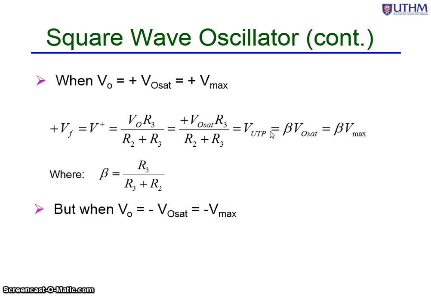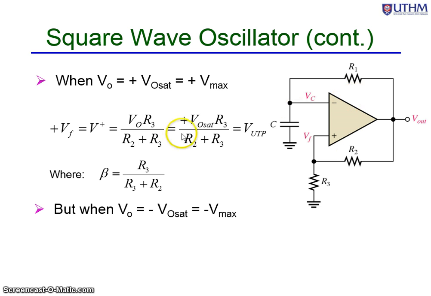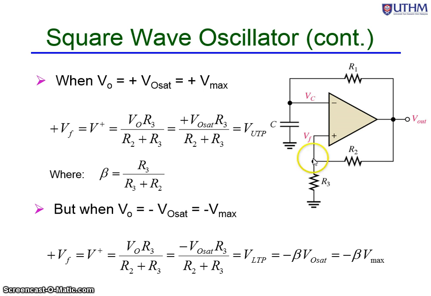Now when Vout is negative Vmax, this is a negative value and this terminal is more positive, so C will be discharging through this path. VF right here is your lower threshold point.